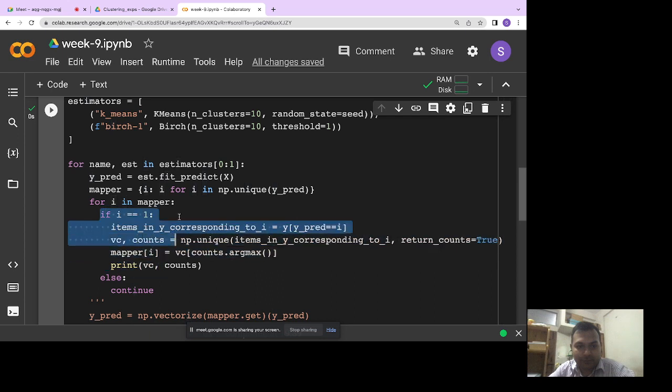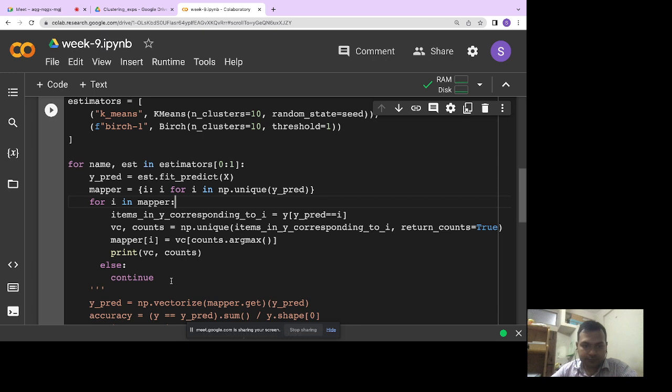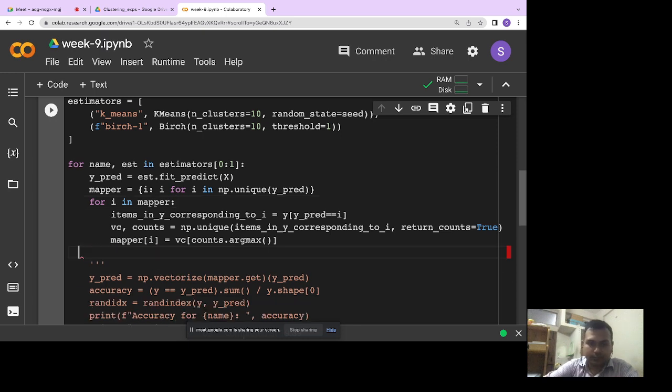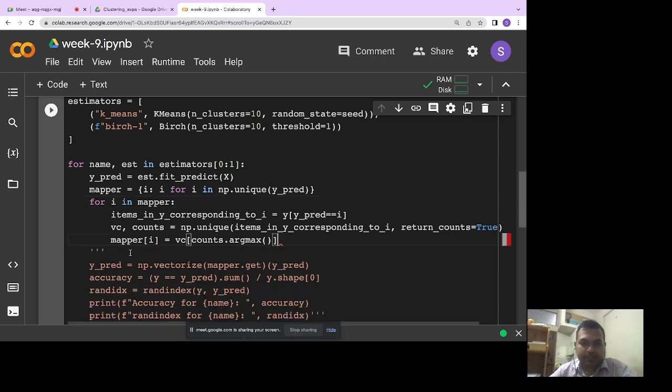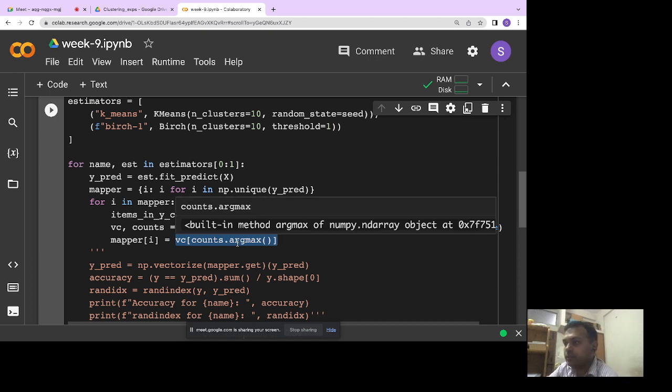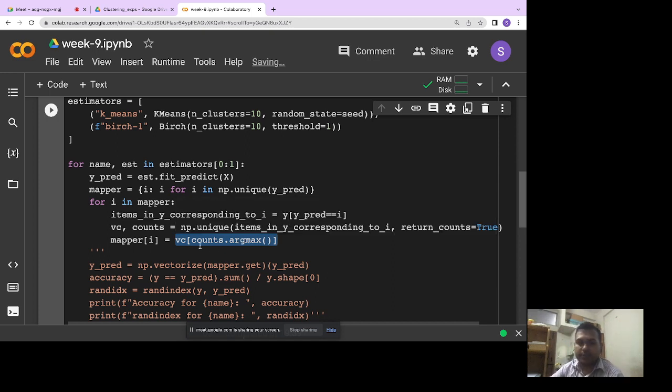As you saw here, when I equal to 1, this VC counts argmax would give me 9. This will tell you the particular index where the maximum count has occurred.